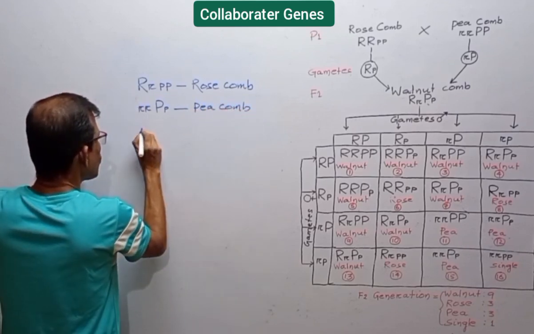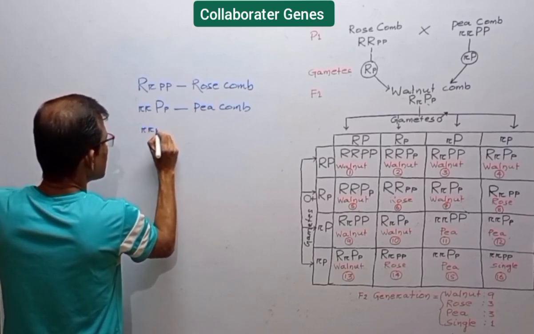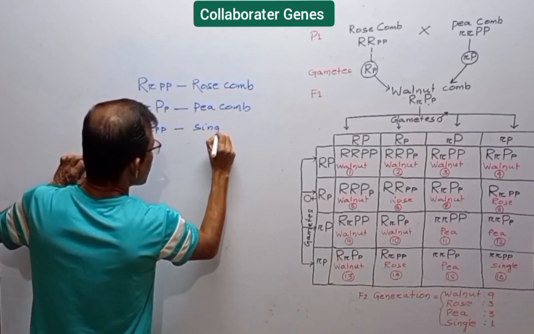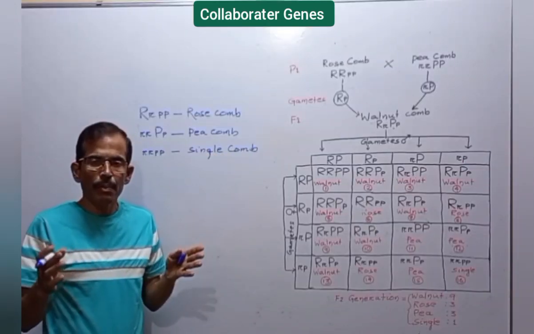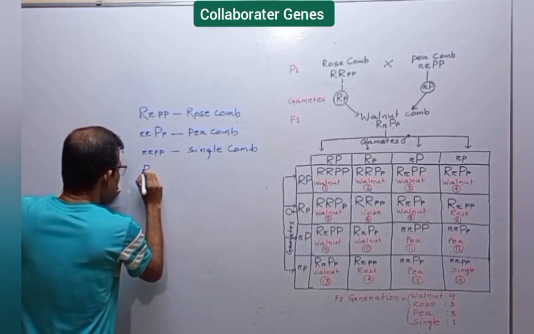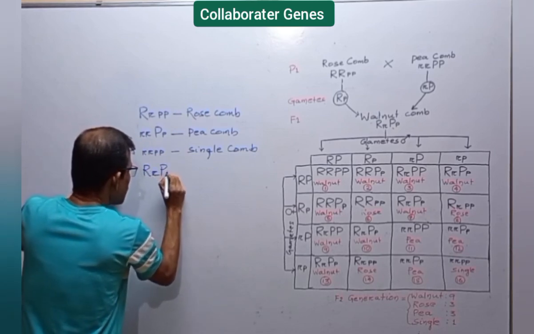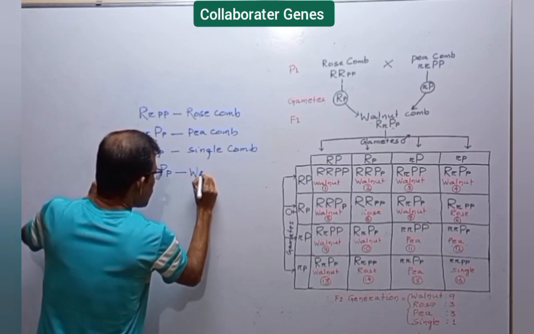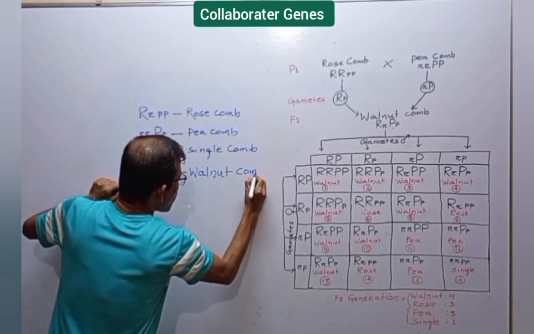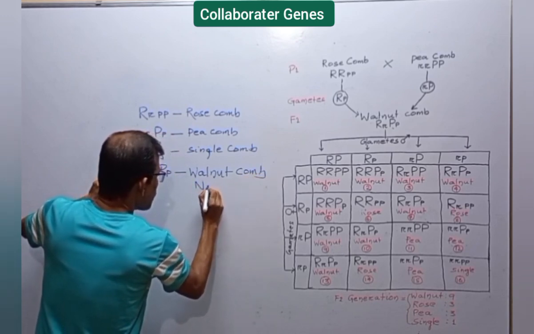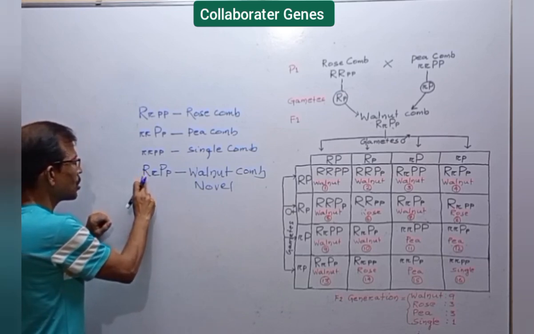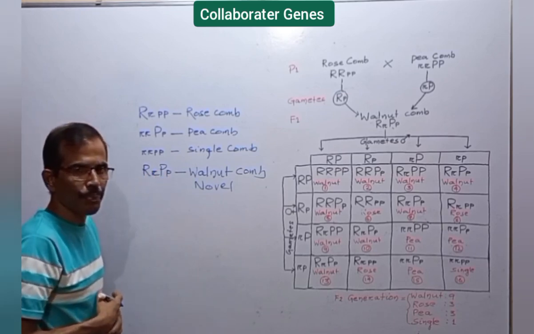But when both genes are absent, then the phenotype is single comb. But when both genes have at least one copy, then the resultant phenotype is walnut comb. Walnut comb is the novel phenotype which developed due to the interaction between the rose comb gene and the pea comb gene.